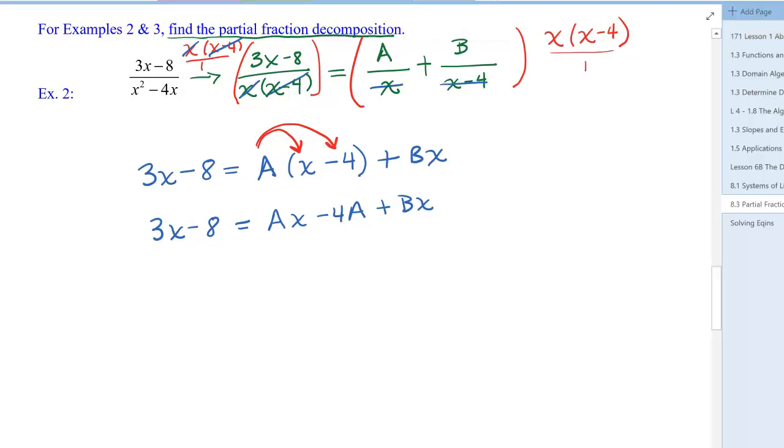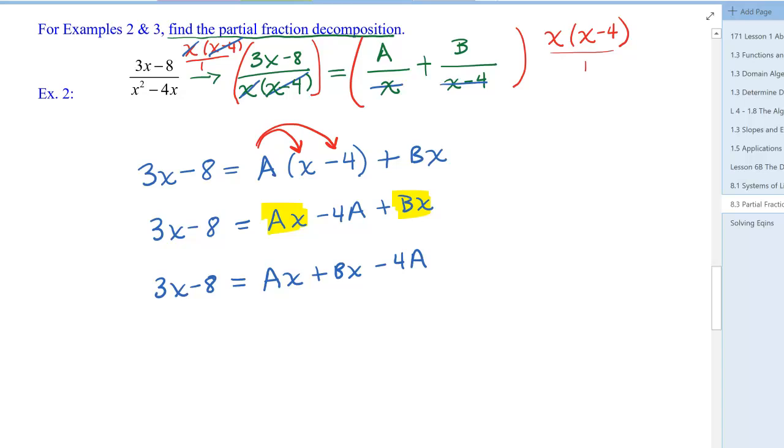The next step is to rearrange these. So I'm going to get the terms that have x in them side by side. So that's going to give me 3x minus 8, so I'm still leaving the left-hand side alone, is equal to ax plus bx minus 4a.